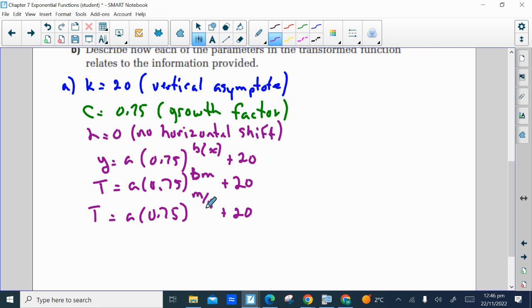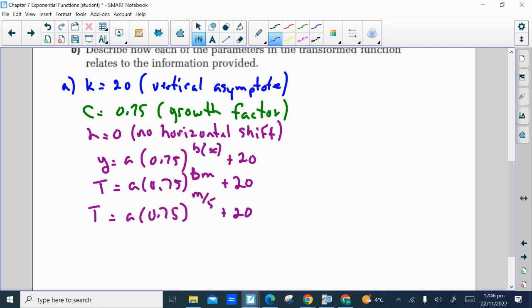It'll have dropped by 25% twice, and so on. So this tells us that this relationship is correct for the scenario. You take the number of minutes and divide it by 5, and that'll tell you how many times the temperature has dropped by 25%. Okay, so the B value here is actually 1/5. So there's our equation partially.